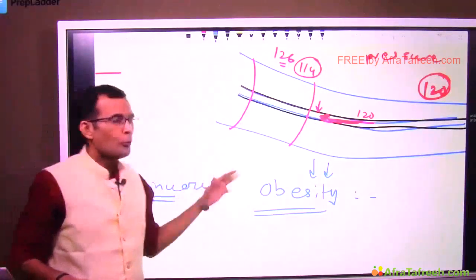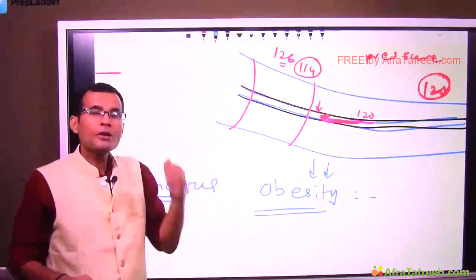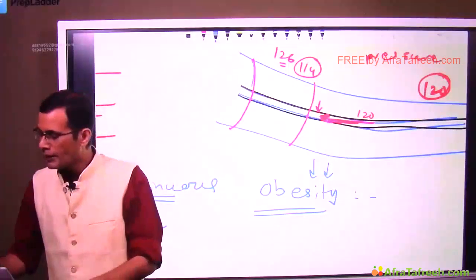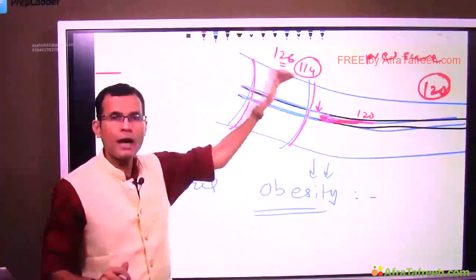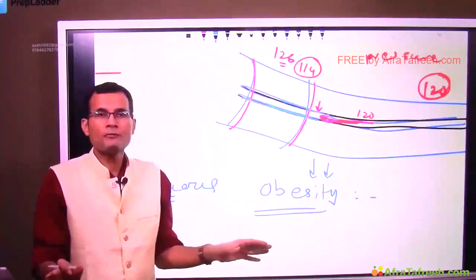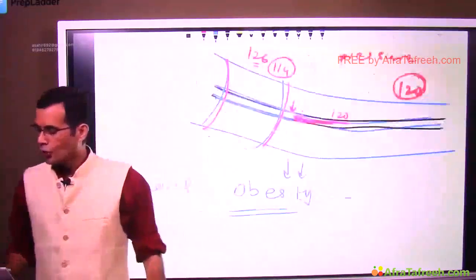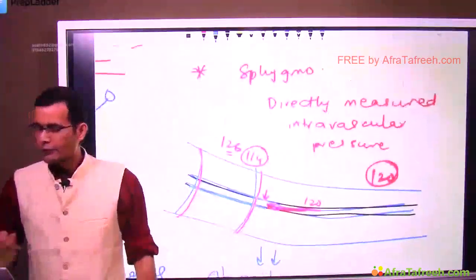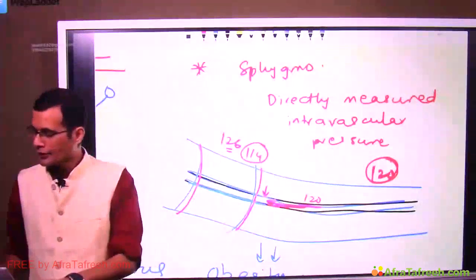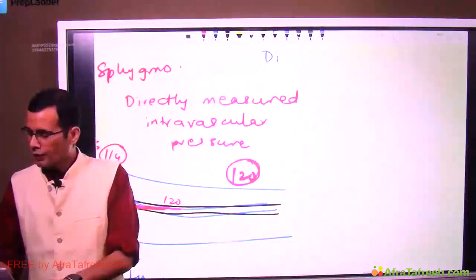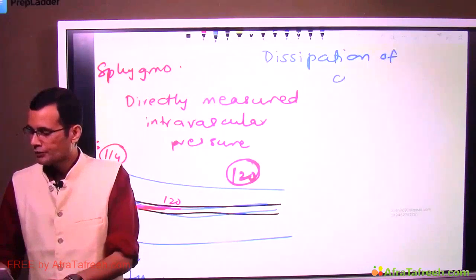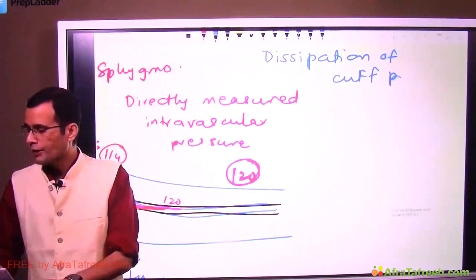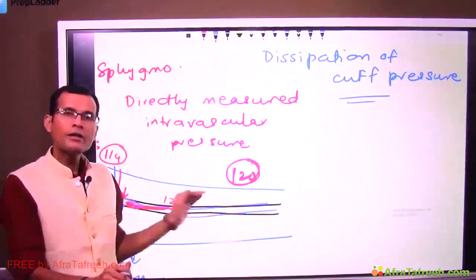Why? Because obesity means more tissue mass between the BP cuff and the brachial artery. And more tissue mass means more dissipation of pressure, isn't it? After all, what was our funda when we said sphygmomanometry gives you a higher pressure? The funda was dissipation of cuff pressure between the arm, means skin, and the brachial artery.